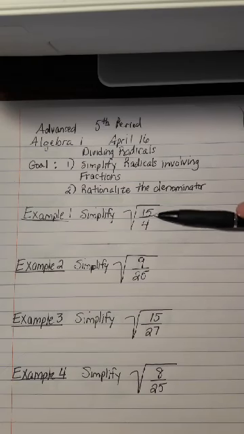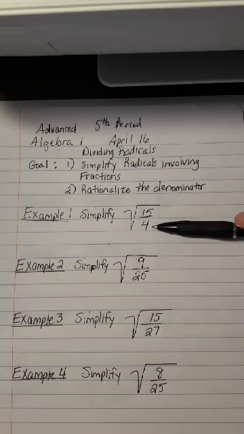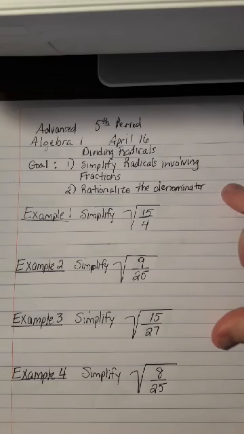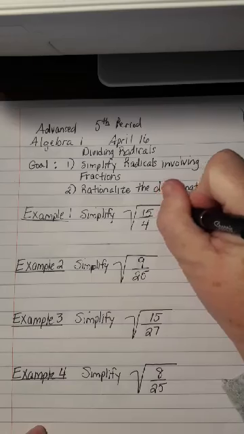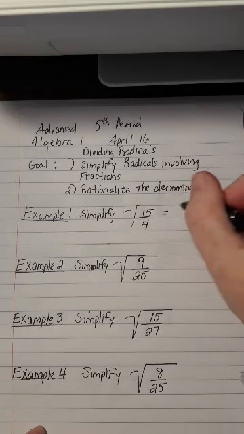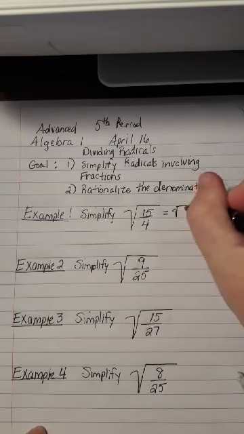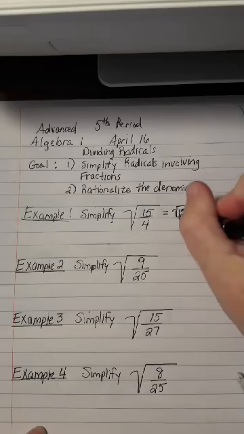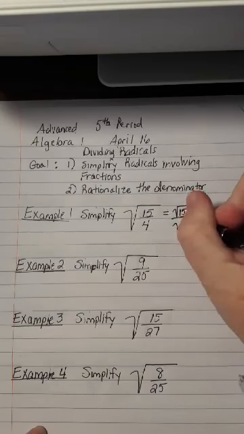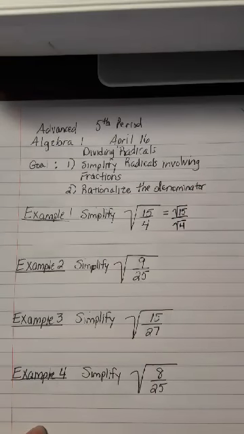So you would take the square root of 15, and then the square root of 4, and write that as your fraction. You think of it as the square root of 15 over the square root of 4.